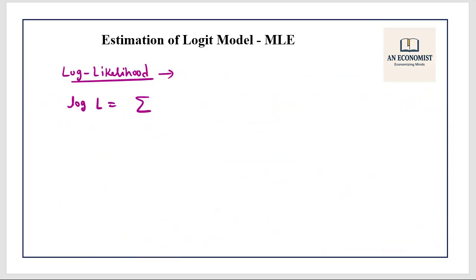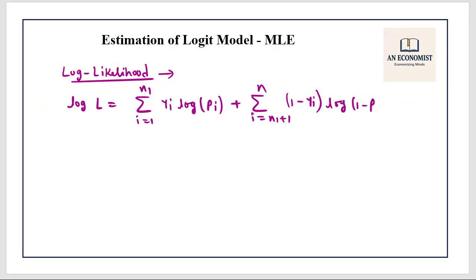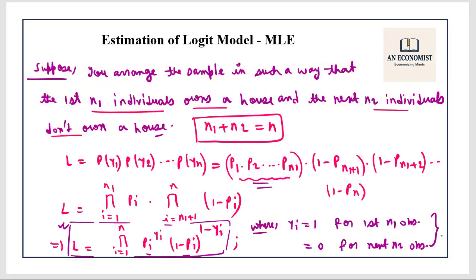If you take the logs, it will be a sum: the sum over i from 1 to n1 of yi log pi, plus the summation from i equals n1 plus 1 to n of (1 minus yi) times log of (1 minus pi). So this is what you will get. Please do this on your own.